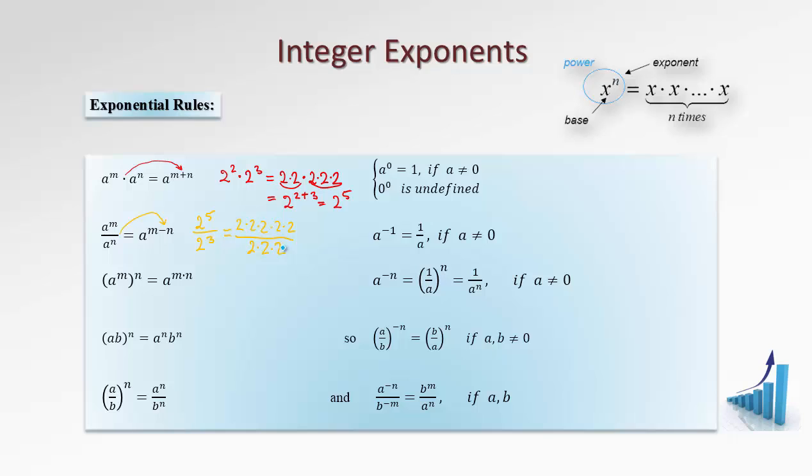And now I can reduce common factors, so 2 from the denominator and 2 from the numerator, and again, and again. So really what we've done is, from 5 2's, we took away 3 2's. So it was 2 to the 5 minus 3, which is indeed 2 to the 2.